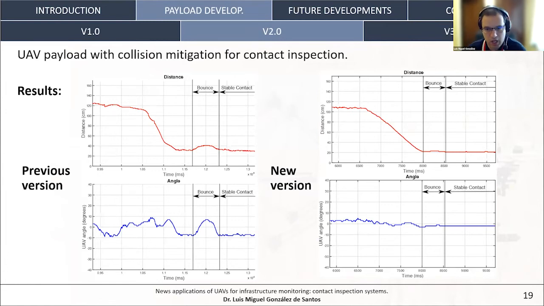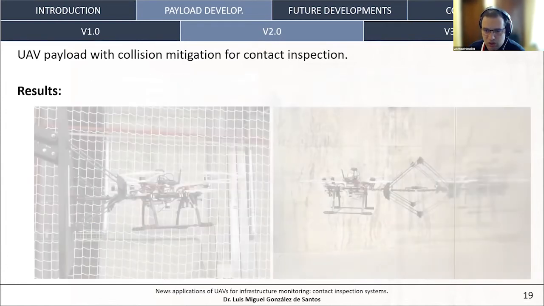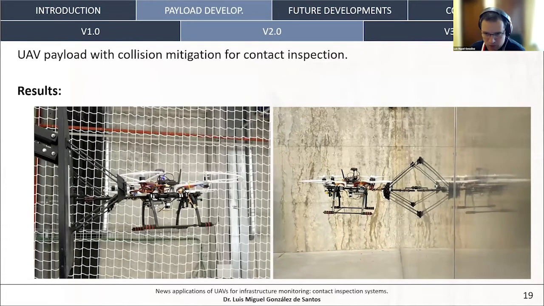The system was tested in both indoor and outdoor environments, obtaining good results, and to maintain the contact, the UAV has to push the structure using the pitch signal. And this is not very efficient, since just the horizontal component of this force is used to maintain the contact.